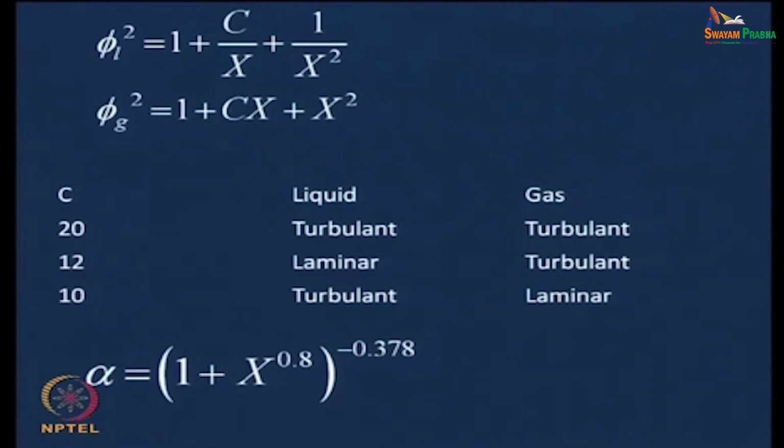So, we find that the value of c is 20 when both liquid and gas are turbulent, c is 12 when liquid laminar, gas turbulent, c is 10 when liquid turbulent, gas laminar, and so on and so forth. Okay. And one more has been missed out, c is 5, you can note it down, c is 5 when both liquid and gas are laminar. That has been missed out here, you can just note it down.